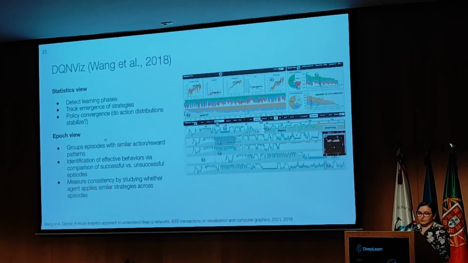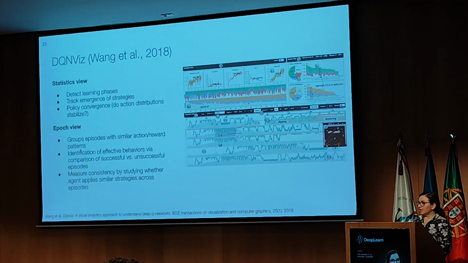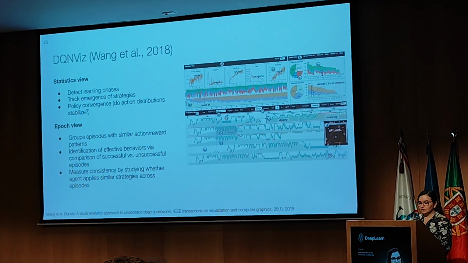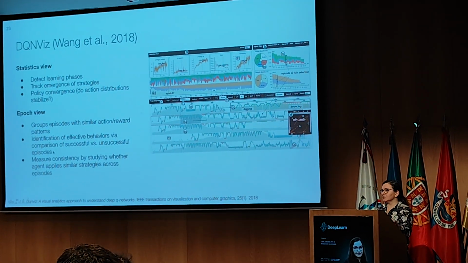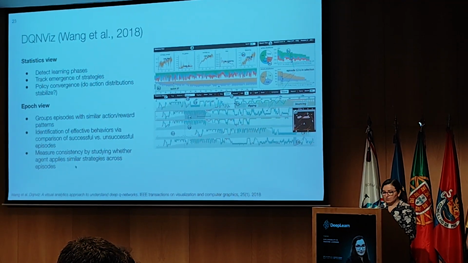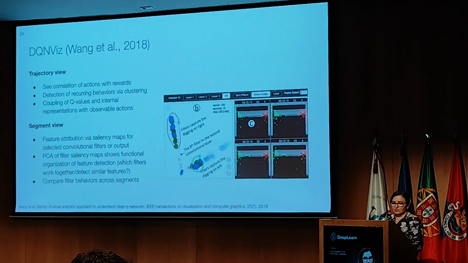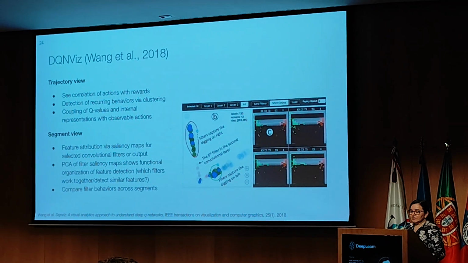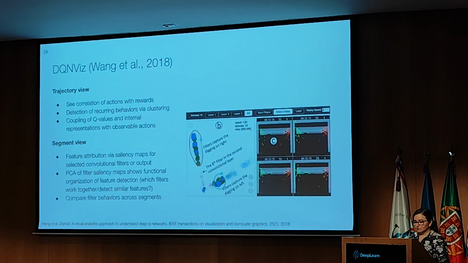And there's also an epoch view, so it groups some episodes that have a similarity in terms of action and reward. It also shows behaviors, which ones were successful, which ones were not, and you can also see the consistency of your strategies. Here is an example again from the paper, because this whole toolbox is not released.